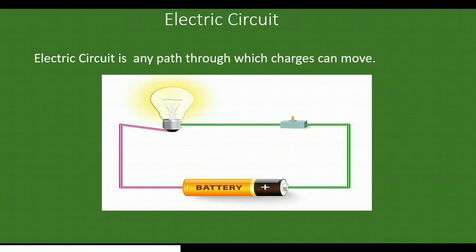The charges from the battery move through the wires and enter into the switch. The switch releases the current and it lights the bulb. It enters into the bulb and it lights it.